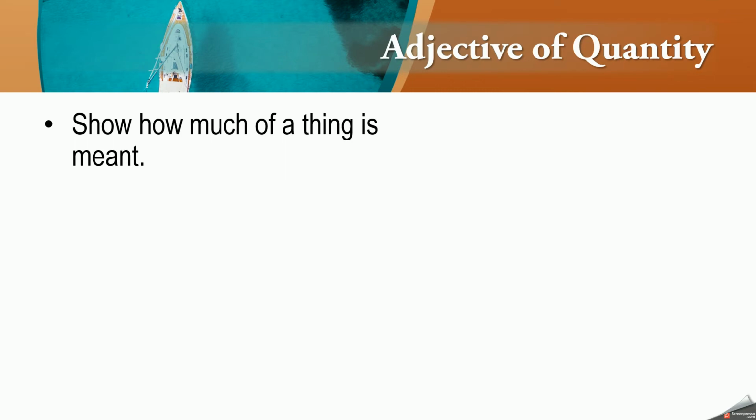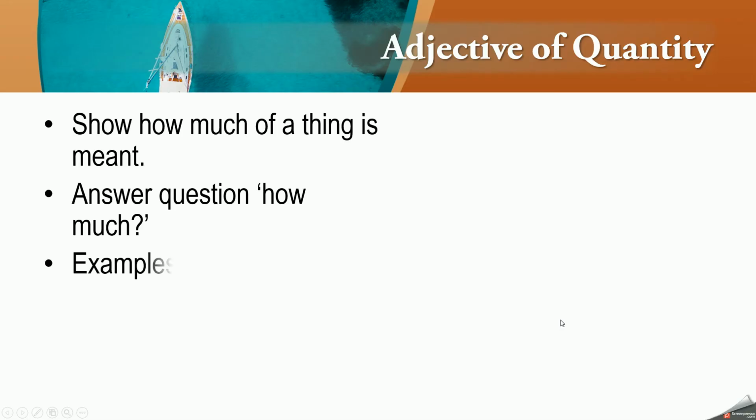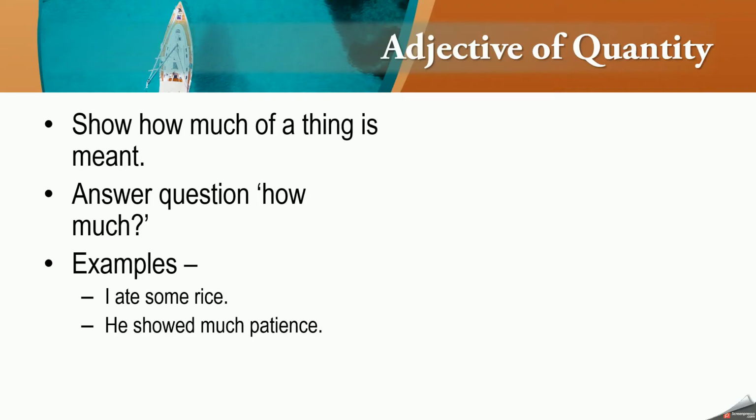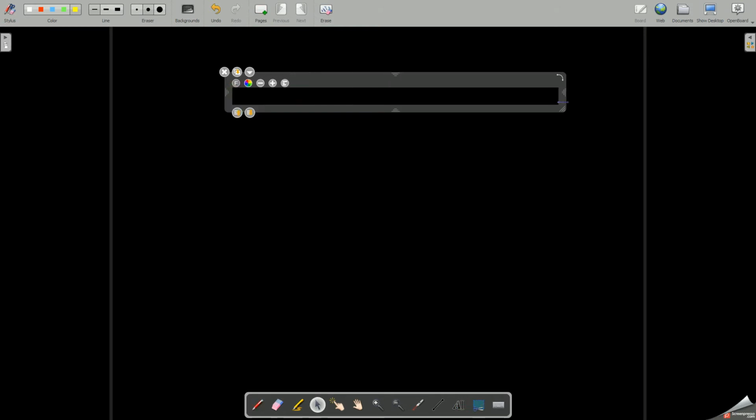Got it? Next is adjective of quantity. It shows how much of a thing is meant. It answers the question how much. So quantity would be I ate some rice. We'll see the examples first. He showed much patience. He has little intelligence. So in this I am going to write these statements. I ate some rice.